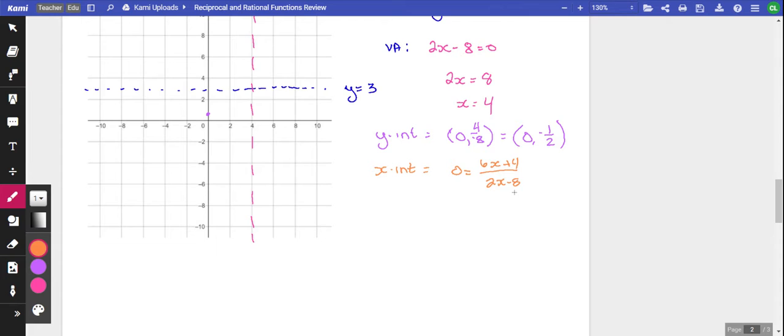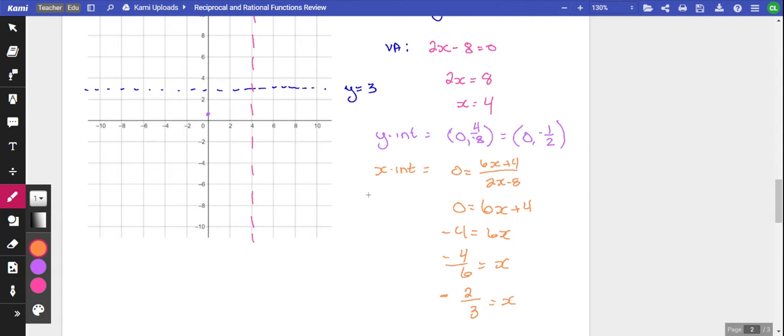So remember, when I multiply the denominator by 0, it just disappears. So we actually only care about the numerator. So we're going to subtract 4. And then we're going to divide by 6. And of course, that can be simplified.